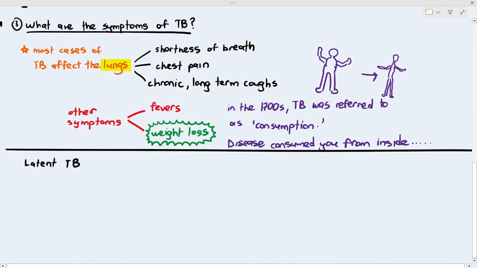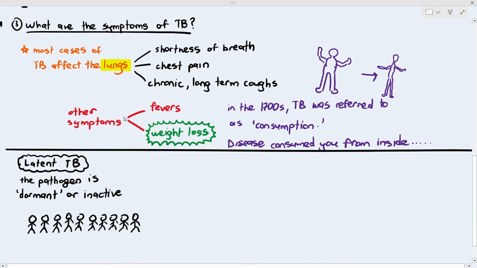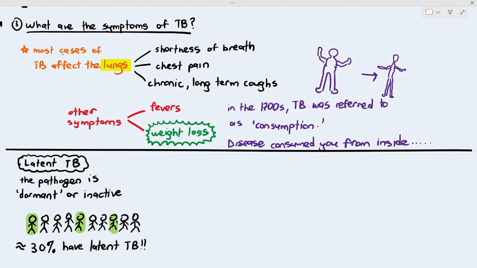Now, a very important thing I would like to tell you here is there is also something known as latent TB. And latent TB just means that the pathogen is dormant or inactive. In fact, we estimate that 30% of the human population actually have latent TB.